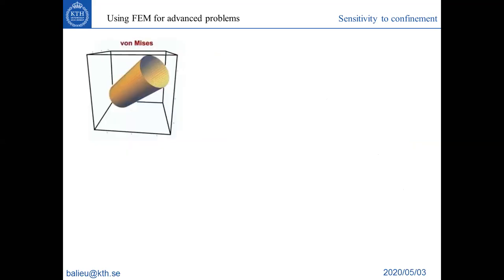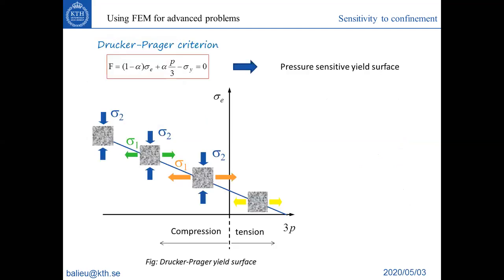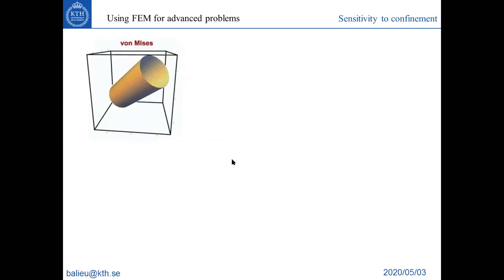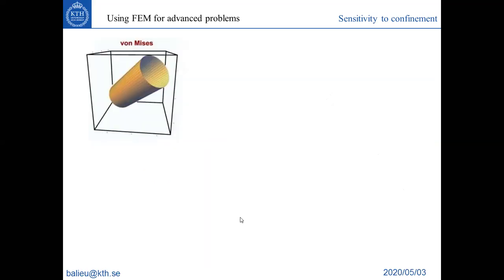So there are many advanced yield surfaces. So this was the first case. So in 3D, it was like this cylinder, it was a von Mises. So this is the easiest possible. So no difference between tension and compression. If you look at this Drucker-Prager, as I presented here, if you plot this in 3D, it is like a cone, which has the hydrostatic pressure as axis.